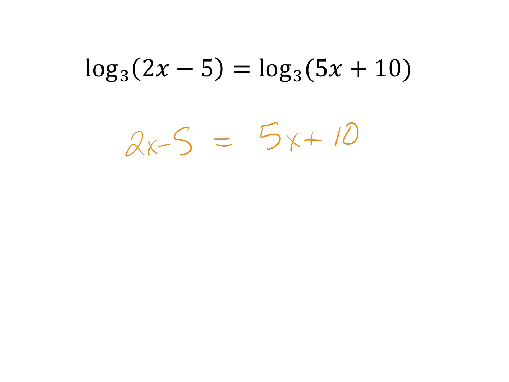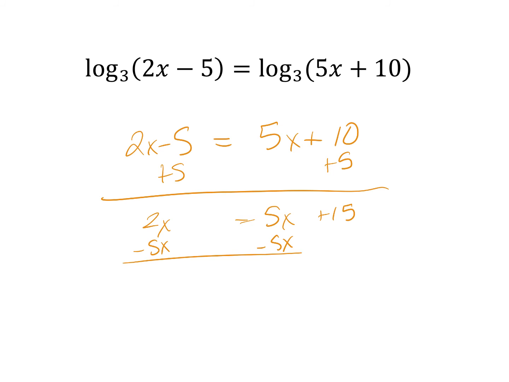All right. Now, what should we do next? I added 5 and then divided by the 5x. I'm fine with adding the 5. If I added that 5 first, then I would subtract the 5x and get negative 3x equals 15.